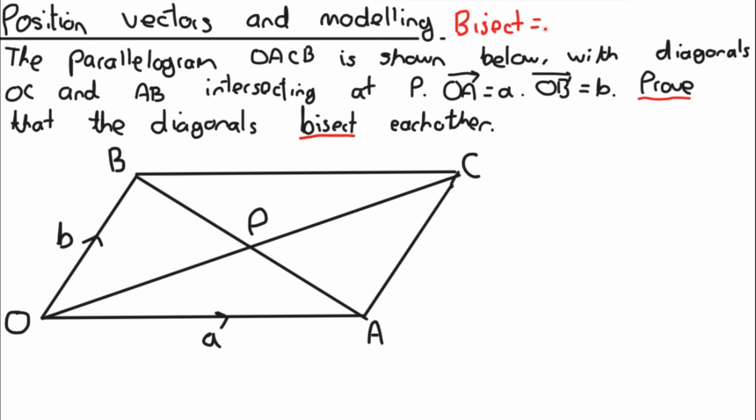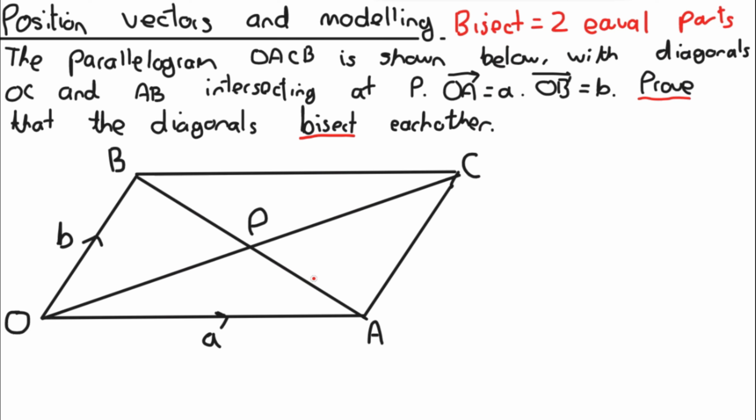Bisect means that obviously the two lines intersect, but they divide into two equal parts. So what I mean by that is the line OP and the line PC are the same length, and likewise the line BP and the line PA are the same length. And we need to prove that these two pairs have the same lengths.